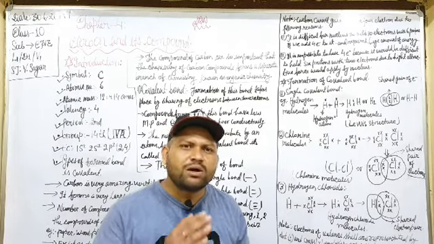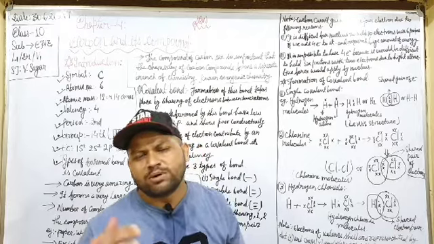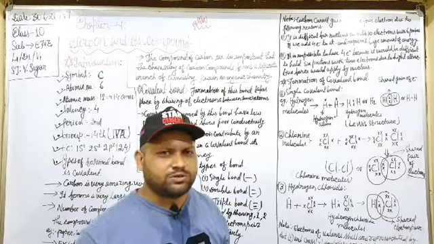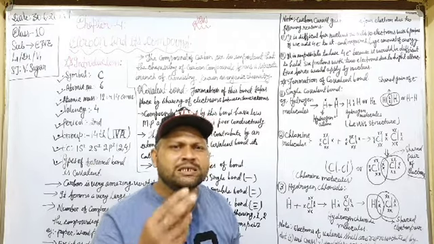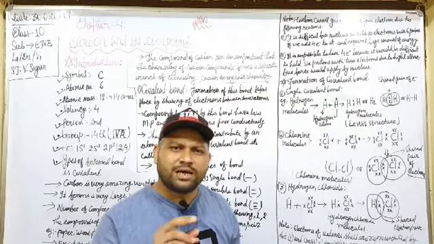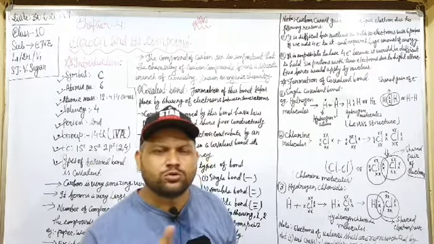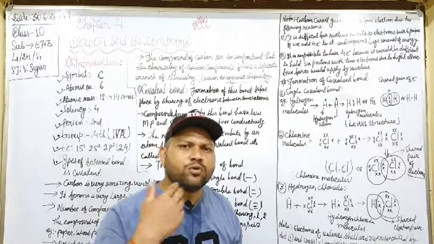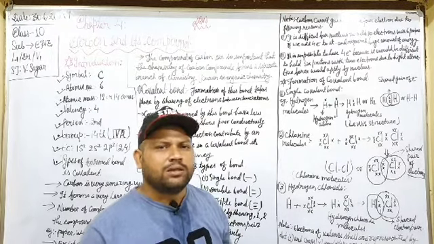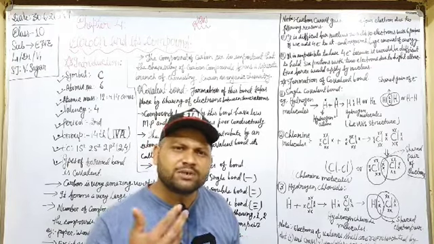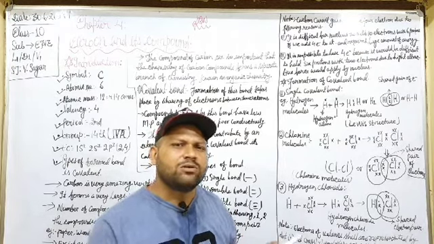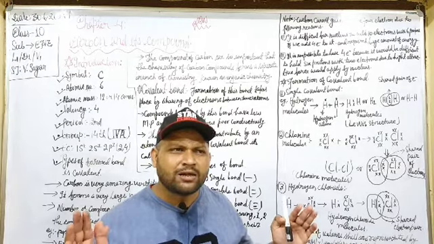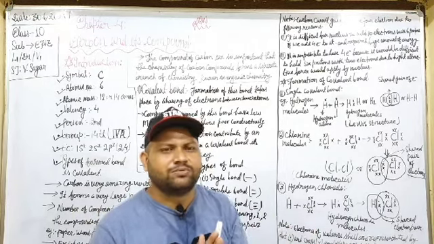As you know, the number of electrons is equal to the number of protons in an atom. In a carbon atom there are 6 protons, therefore there are 6 electrons also. If we add 4 electrons, then the number of electrons becomes 10, which is unequal to the protons, because there is a force of attraction between them.